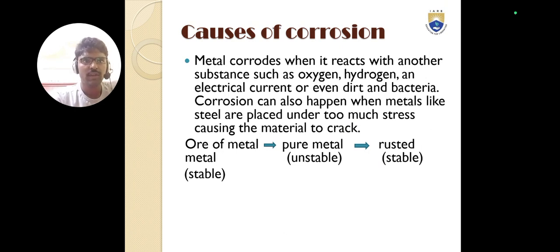Metal corrodes when it reacts with another substance such as oxygen, hydrogen, electrical current, or even dirt and bacteria. Corrosion can also happen when metals like steel are placed under too much stress, causing the material to crack.